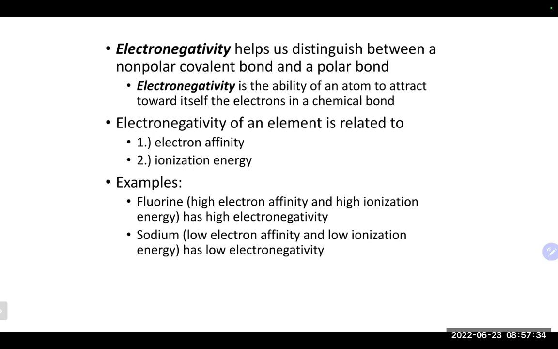So things that have high electron affinity and high ionization energy, which typically can be found on the top right of the periodic table, are things like fluorine, which typically will have high electronegativity values. Things like sodium and those guys to the left and down on the periodic table, which have the opposite trend there, low electron affinity and low ionization energy, will typically have low electronegativity.